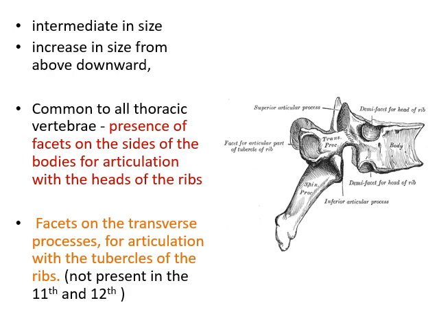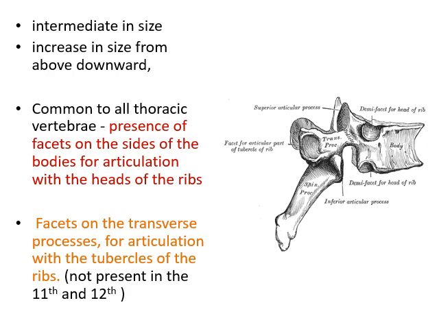The size of the vertebrae increases as you go downwards, because the weight bearing aspect increases. As the vertebral column goes down, the bodies of the vertebrae become larger and larger. This same thing is seen in the thoracic vertebrae as well.